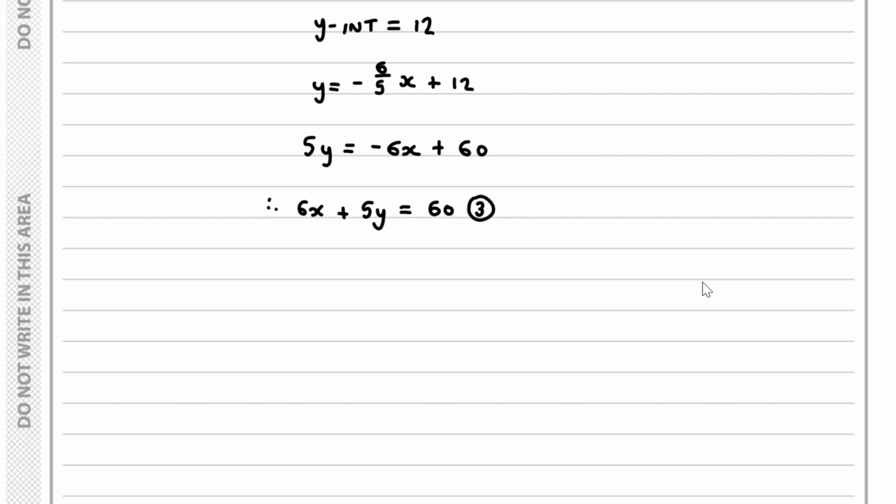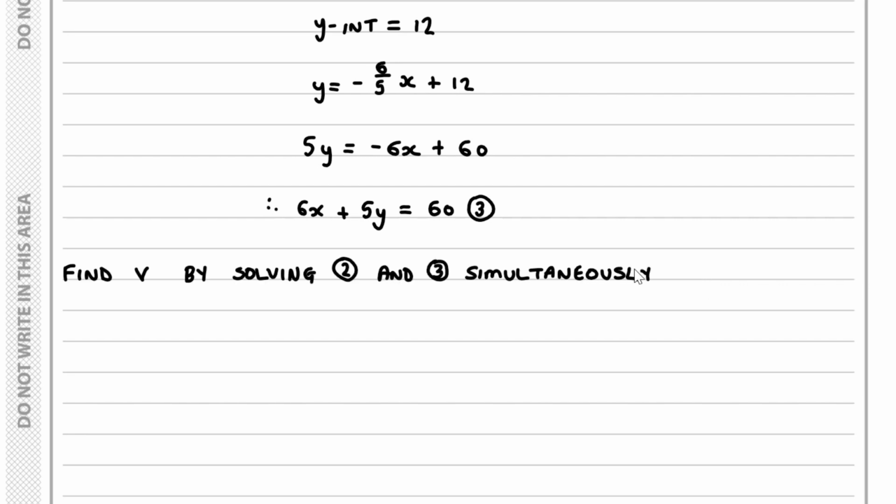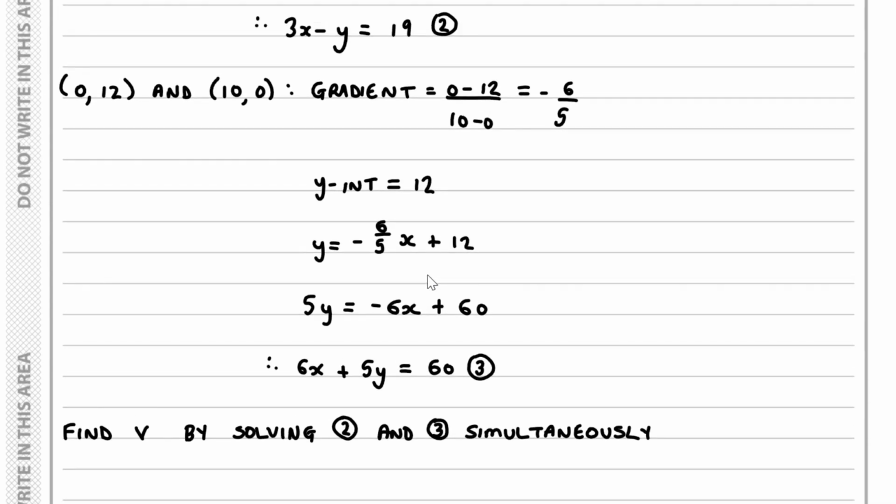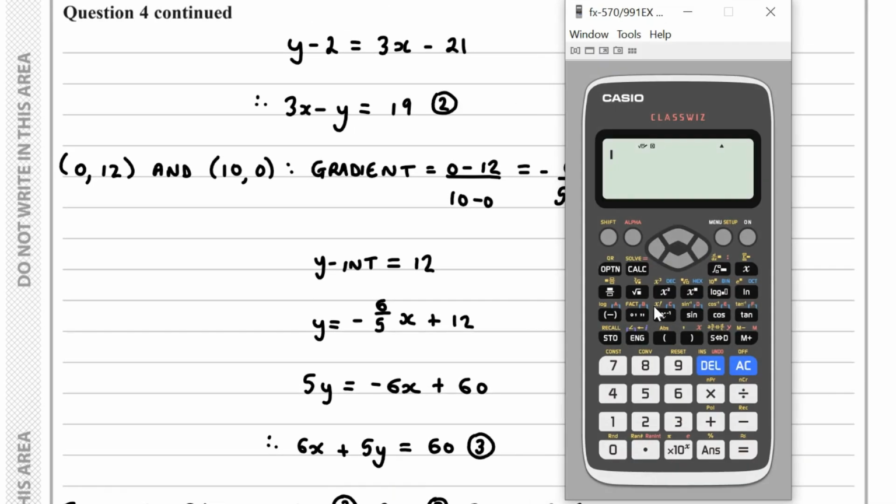So let's write that down. We can find V by solving equation 2 and 3 simultaneously. So if we go to our calculator, we have a simultaneous equation with two unknowns. We've got 3x minus y equals 19, and then we've got 6x plus 5y equals 60.